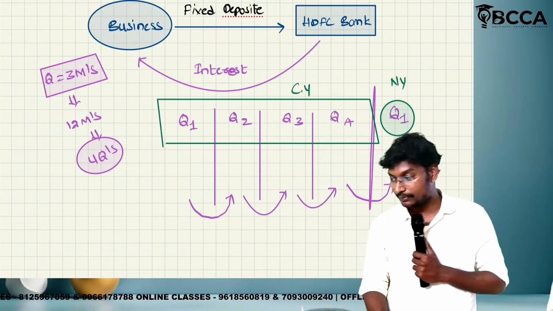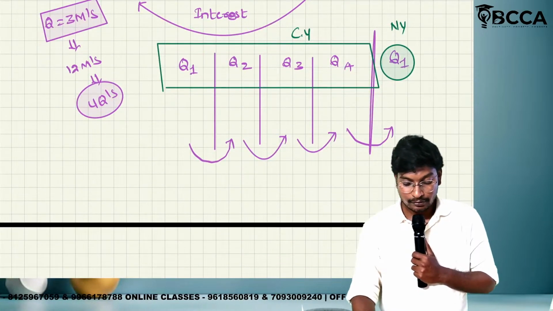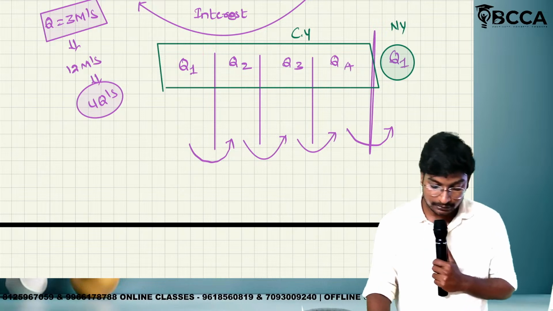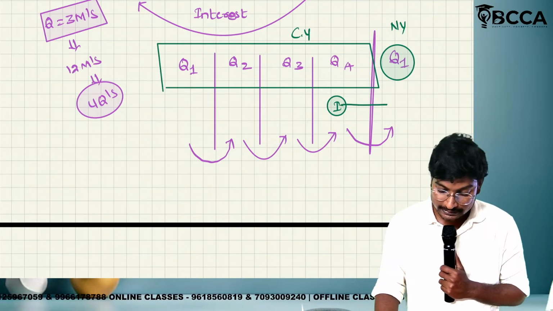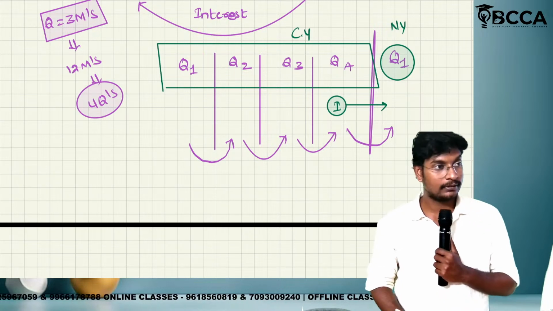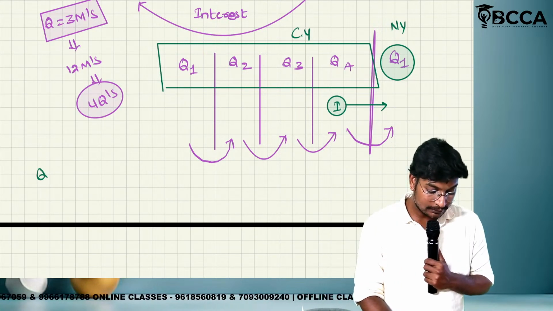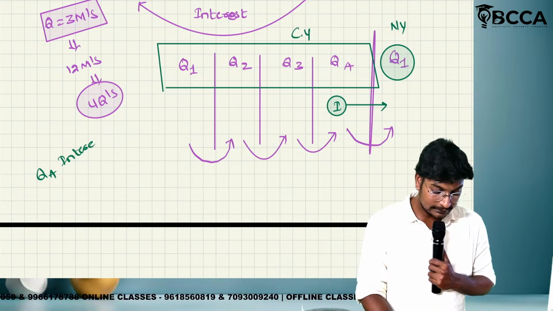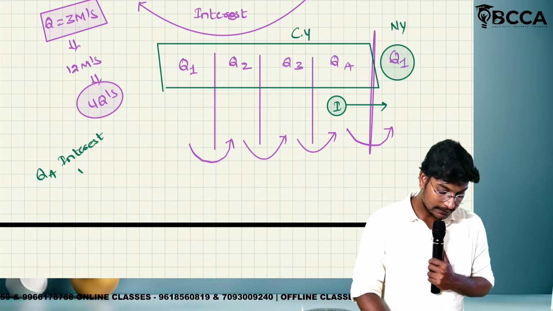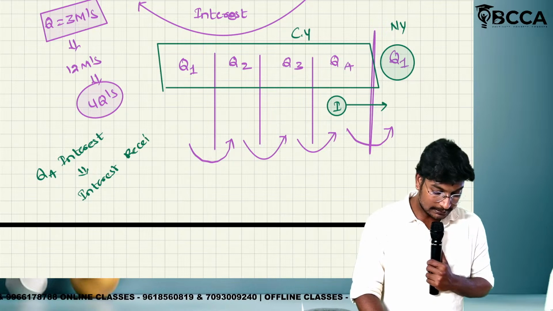So quarter 4 interest, which we will get in next year's quarter 1, is called interest receivable.